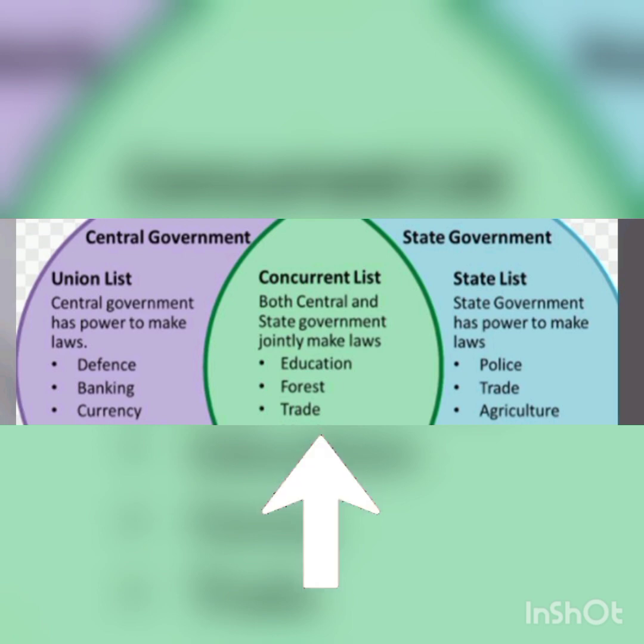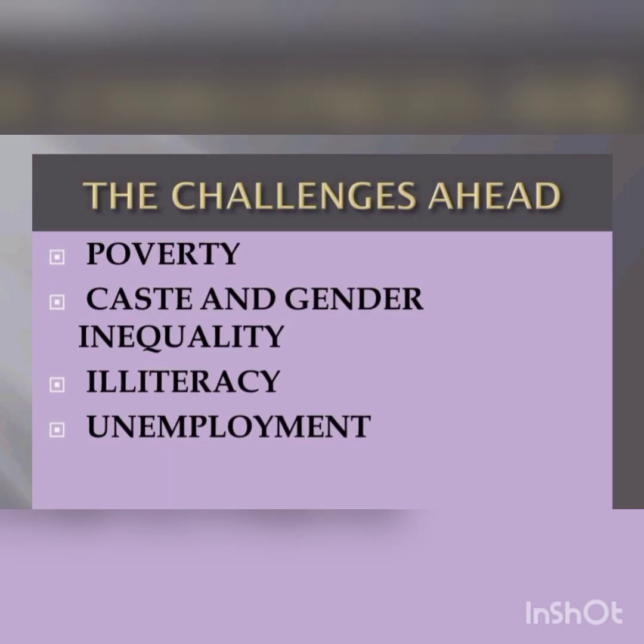So students, the central government has power to make laws under the union list for subjects like defense, banking, currency, etc. And the state government has power to make laws for subjects like police, trade, agriculture, etc. And students, under the concurrent list, both central and state government jointly make laws on subjects like education, forest, trade, marriage, etc.